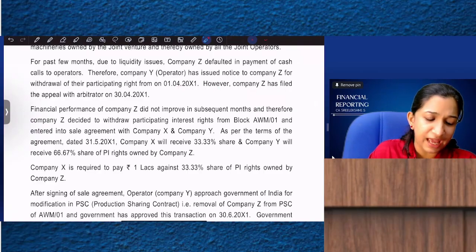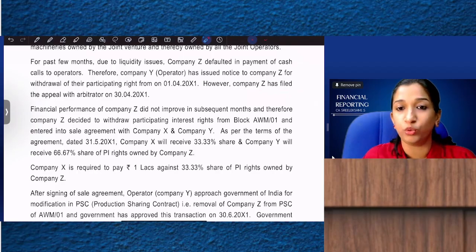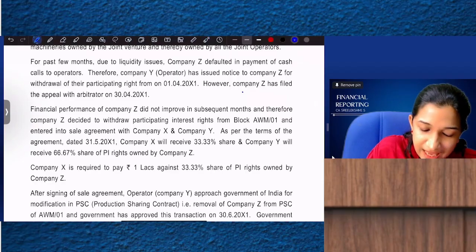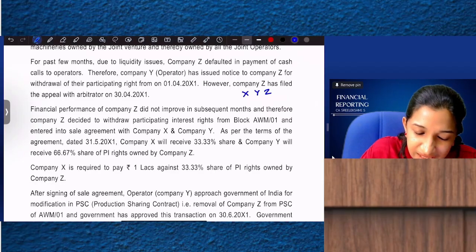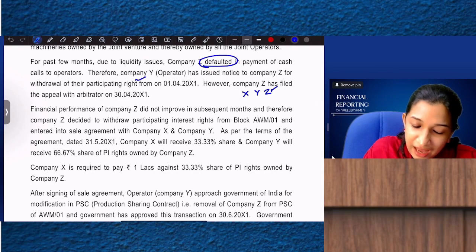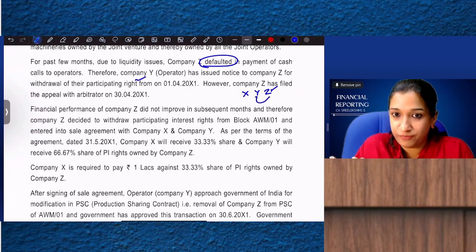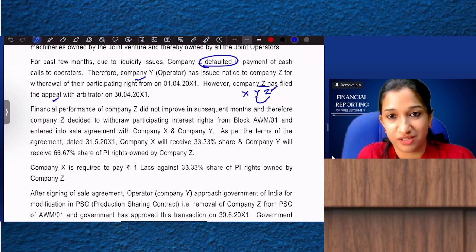However, company Z has filed an appeal with the arbitrator on 30th April 2011. There are three parties, X, Y, Z, and Z has defaulted in payment of cash call, company Y has issued a notice, and company Z has filed an appeal with the arbitrator.